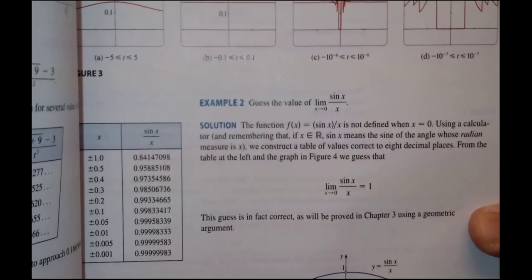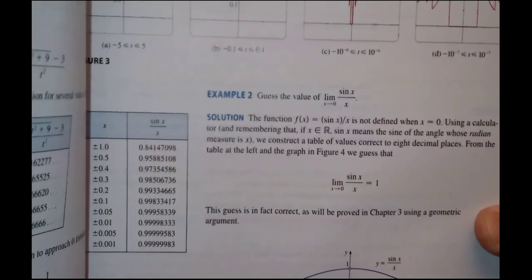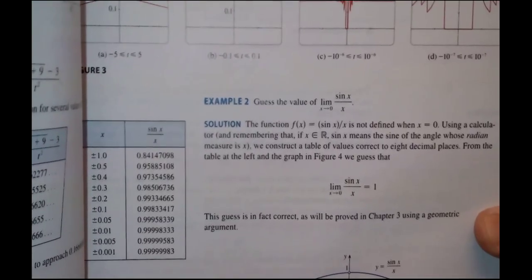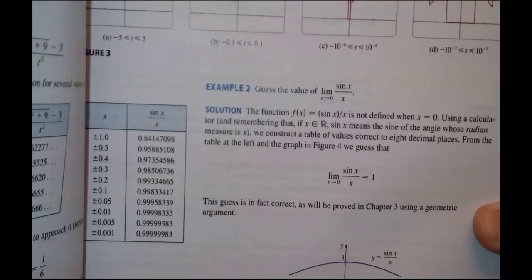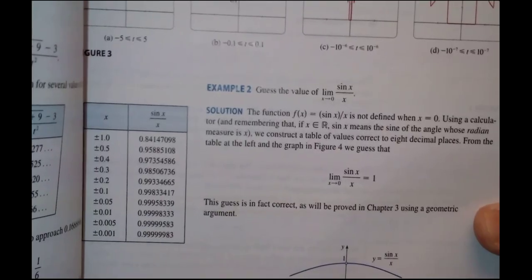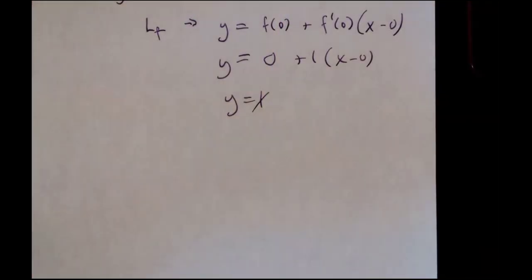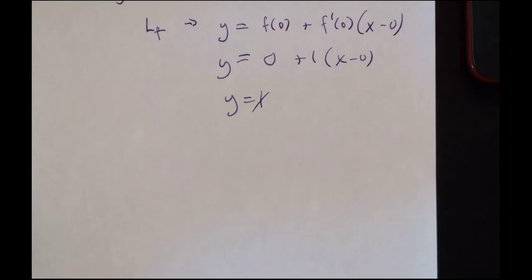That means sine of x over x is roughly 1 when I'm close to 0. By the way, we used 0.1 as one of our values right there. We've done this.